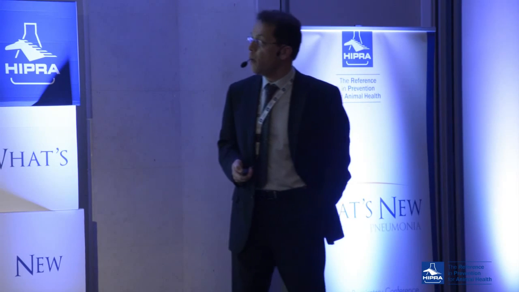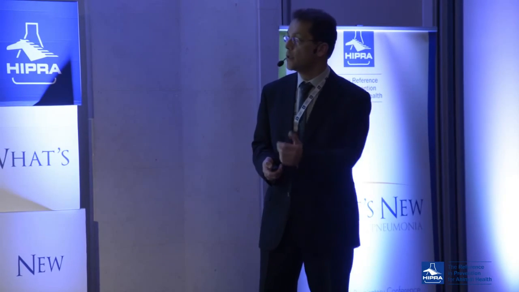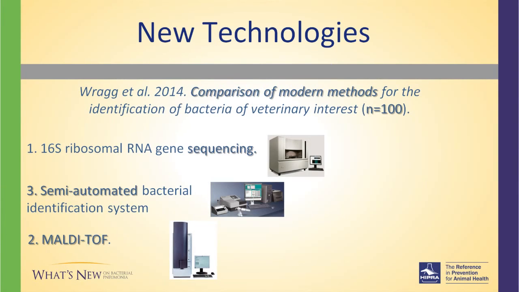And the last paper I want to show you is a comparison between different approaches for bacterial identification. The first one is DNA-based. The second one is a semi-automated bacterial identification system, which is the conventional system. And finally, the MALDI-TOF. And again, the results were not perfect. Still, some bacteria were not identified.